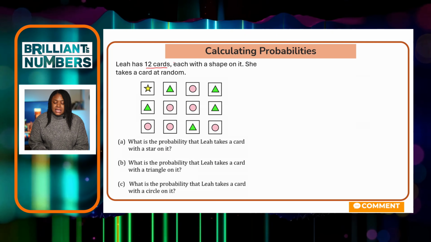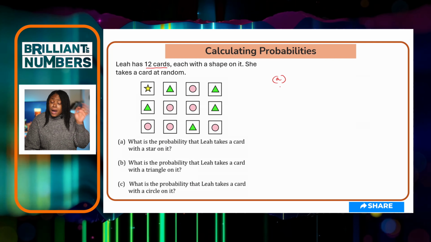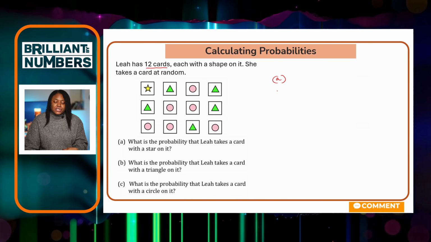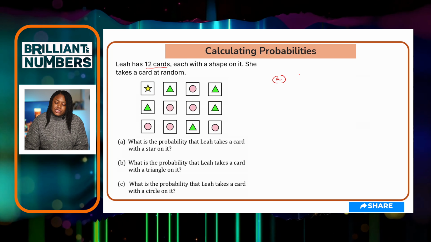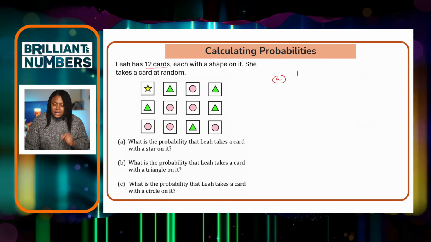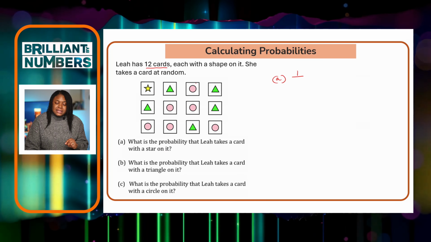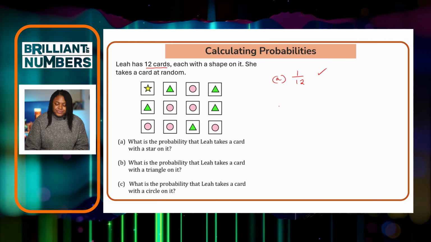So the probability here will be how many stars out of the total of the cards. There's just 1 star here, so it's going to be 1 outcome out of the total possibilities, 12 cards. So the answer then is 1/12.